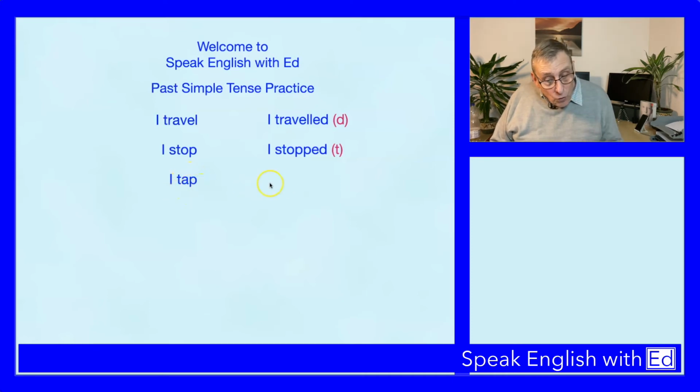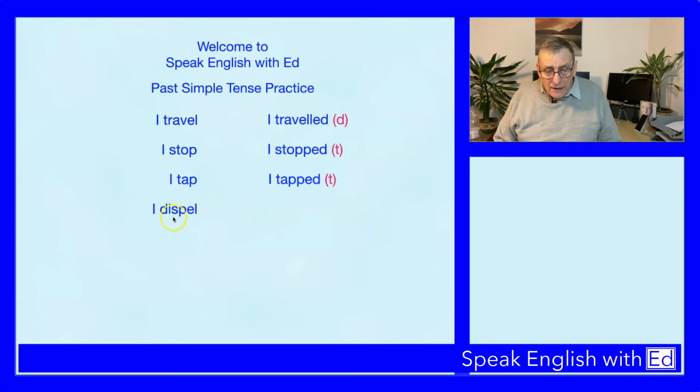So what is the past tense going to be here? Well, we've got to apply the same rule. We add another P and then put ed. So that's going to be I tapped.